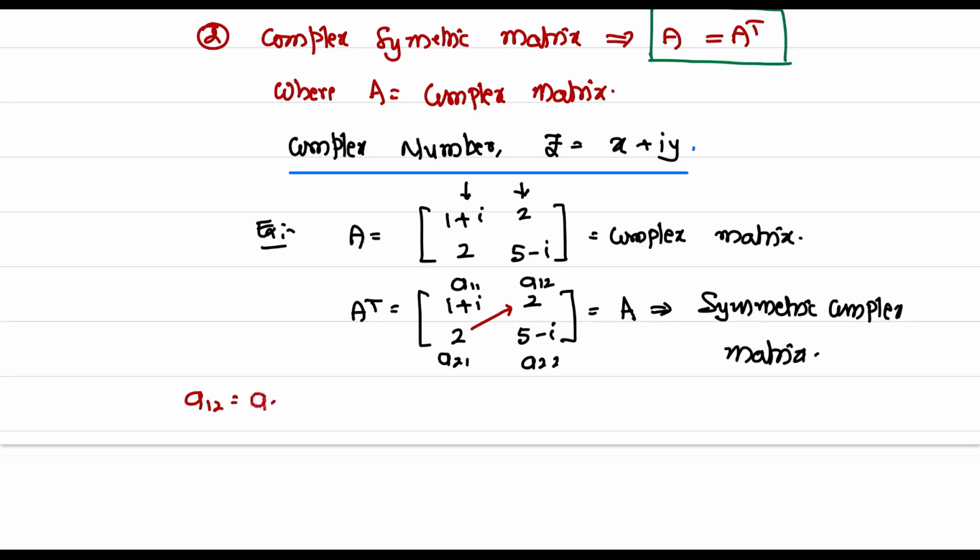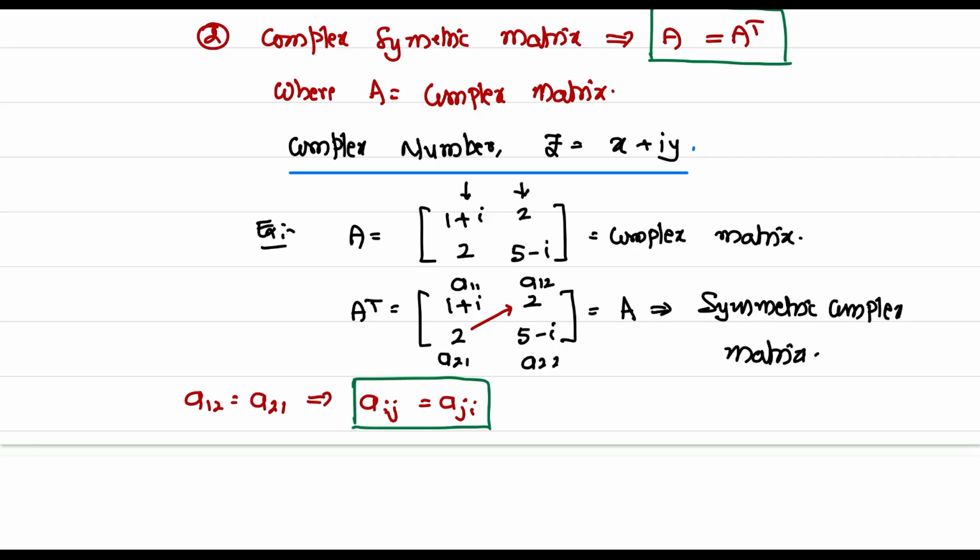Understand from simple examples, and we can widen our scope in mathematics. That means Aij is equal to Aji. Do you agree with this?